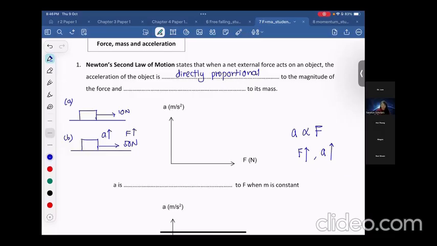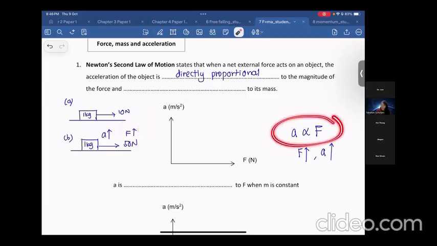Okay, same mass. This is 1 kg, this one also 1 kg. But I push harder, with the greater force. So at the end, your force increases, your acceleration will also increase. Their relationship is called directly proportional.